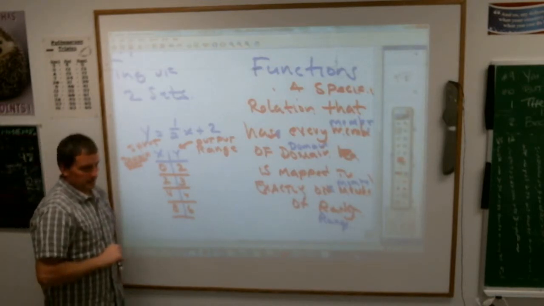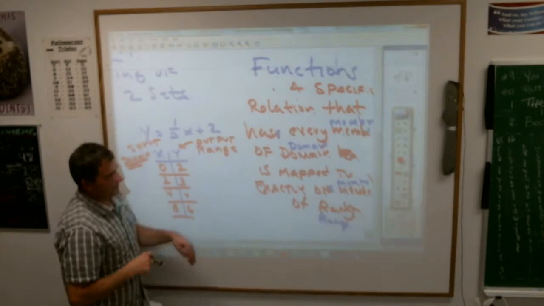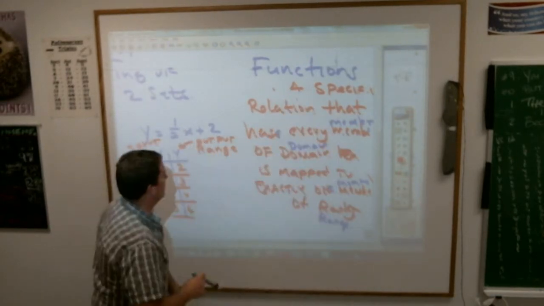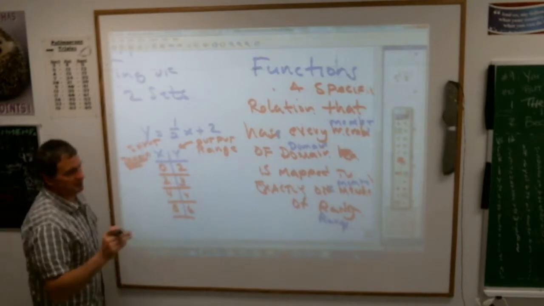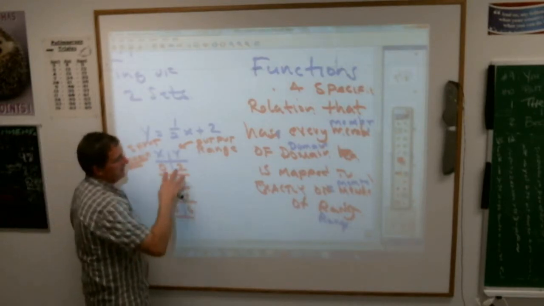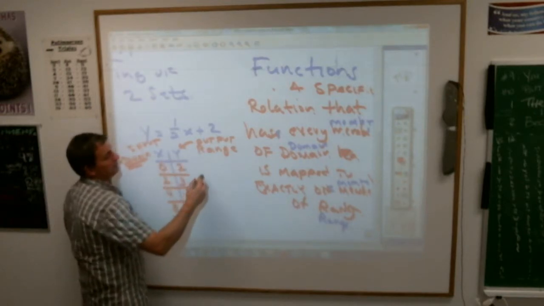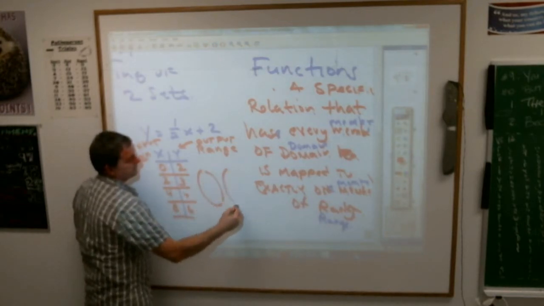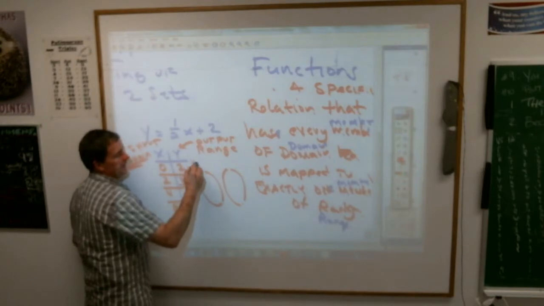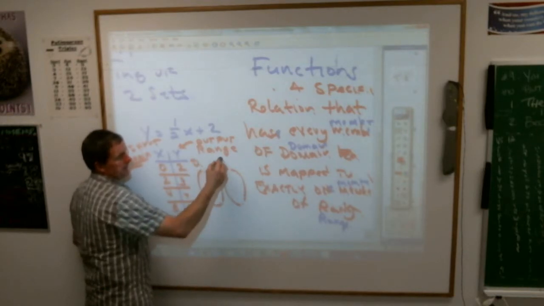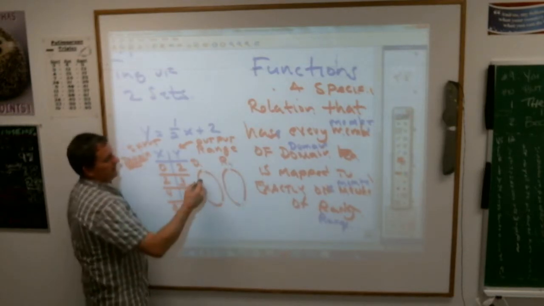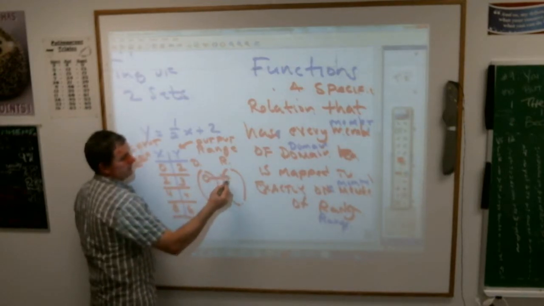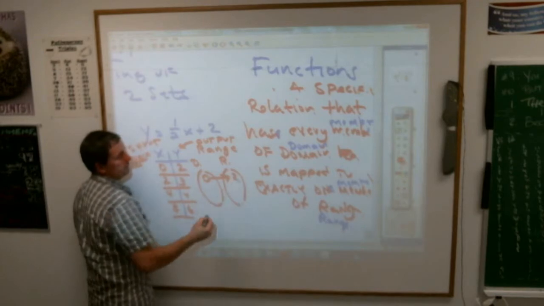Here is the deal, Bobby. Let me show it another way. Let's do it as what we call the actual mapping. Instead of writing it in table form, I'm going to write it using these little circles. This is the domain, which is the input. This is the range, which is the output. If I put 0 in the domain, I draw a little arrow over here, that equals 2 over here, right?